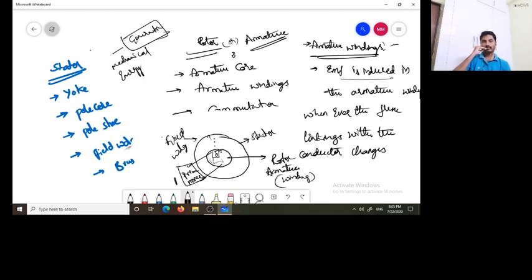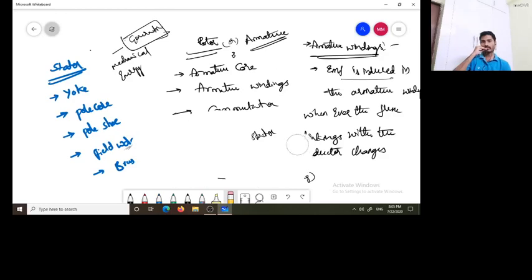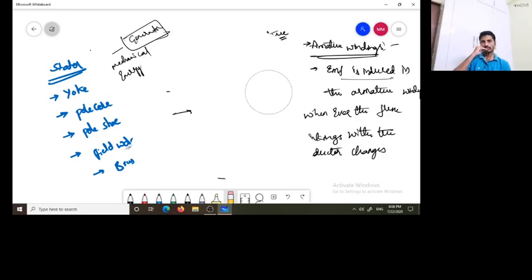Basically, armature windings are of two types.